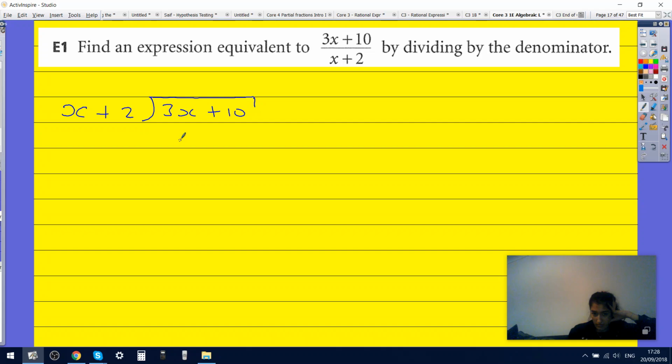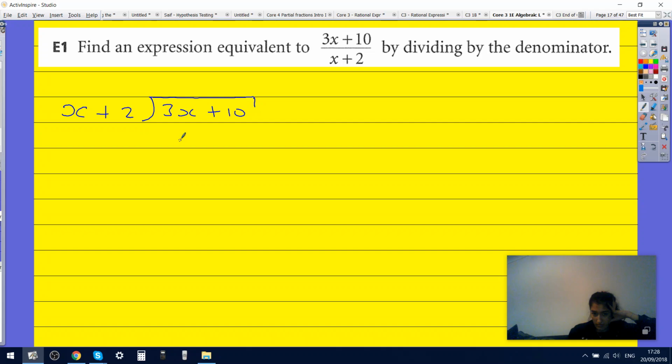And any idea how you can write your answer? 3 plus 4 over x plus 2. Yep, that's it. That's all I have to do.